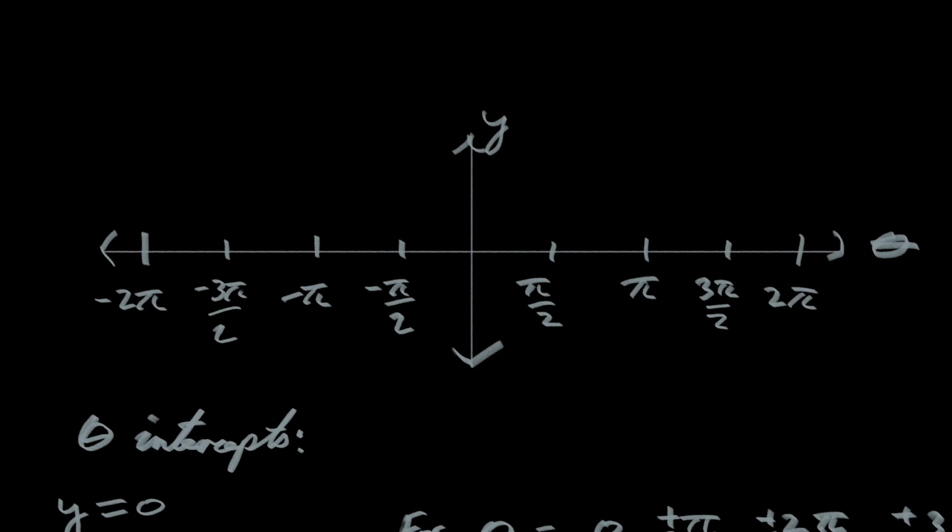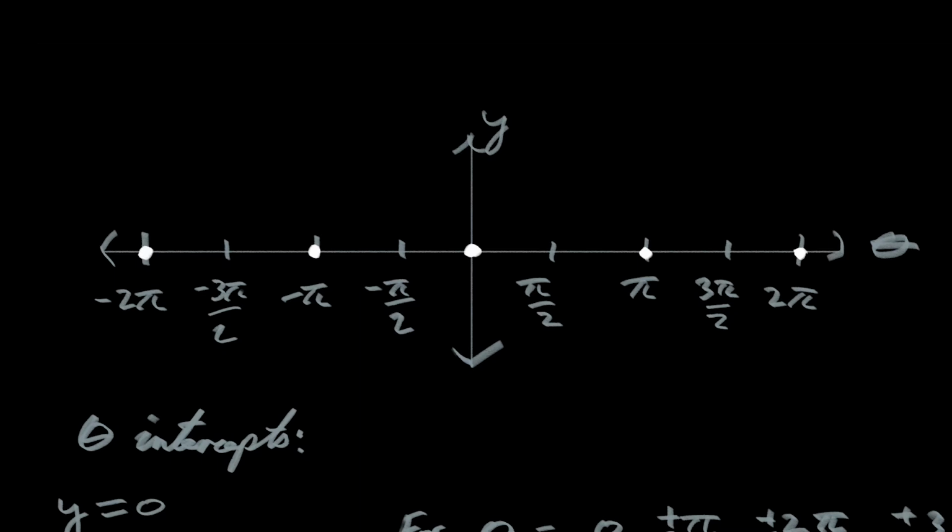So I'm going to draw these white dots to say where the graph intercepts the theta axis. Here is an integer multiple of pi. That's 0 times pi, so theta equals 0 times pi. Here, theta equals 1 times pi. Here, theta equals 2 times pi, and you're going to have infinitely many intercepts. Here, theta equals negative 1 times pi. Here, theta equals negative 2 times pi, and it's going to keep going.